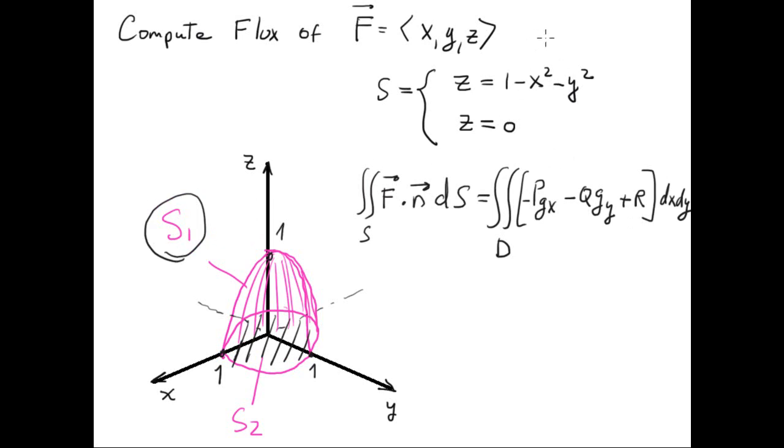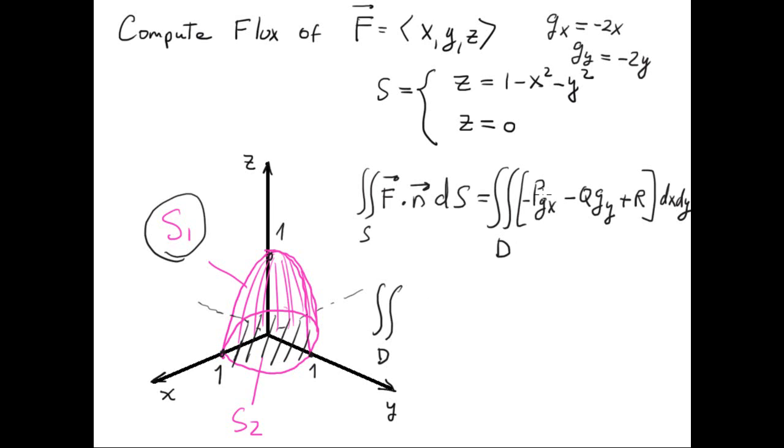In surface one, gx is minus 2x, gy is minus 2y, no? Okay, so we have a double integral in the region D. By the way, the region D is the disc.